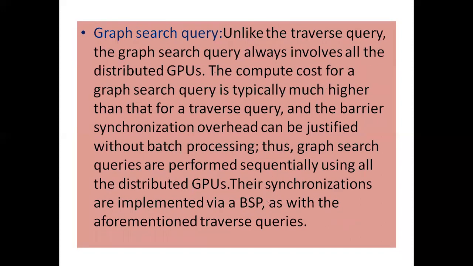Next, graph search query, the third query. Unlike the traverse query, the graph search query always involves all the distributed GPUs. The compute cost for a graph search query is typically much higher than that for a traverse query, and the barrier synchronization overhead can be justified without batch processing.